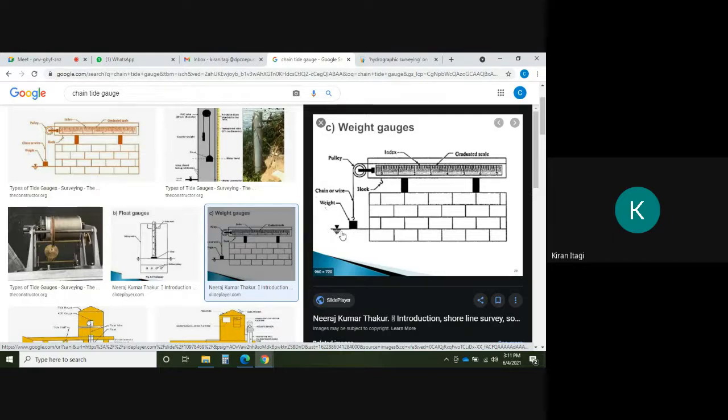When there are waves or tides, this weight will move up and down. When this weight moves up and down, it is connected to the chain or wire. Here you can see, it is connected to the wires. So this will also move, and you will directly get the readings on the graduated scale. This is about the weight gauge.